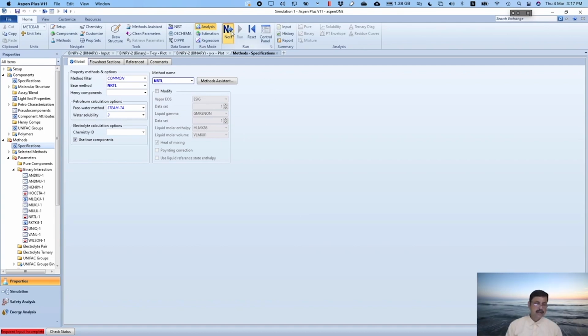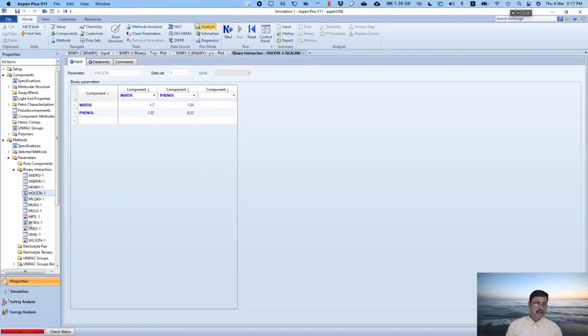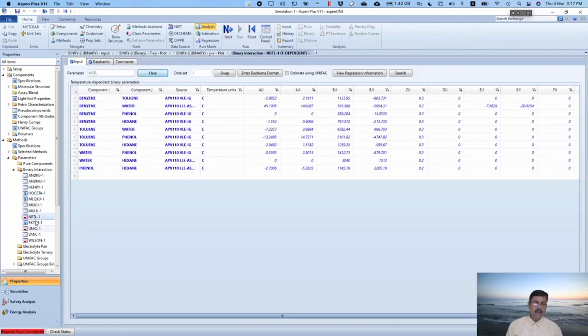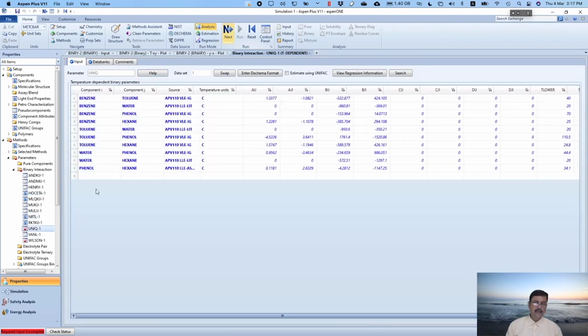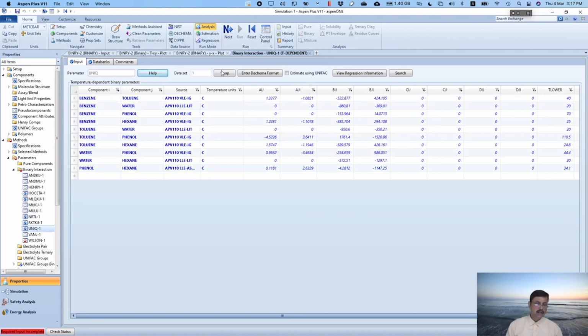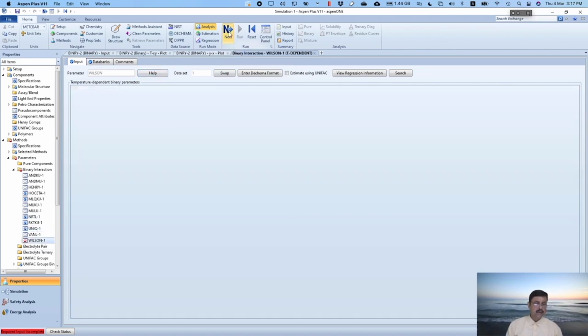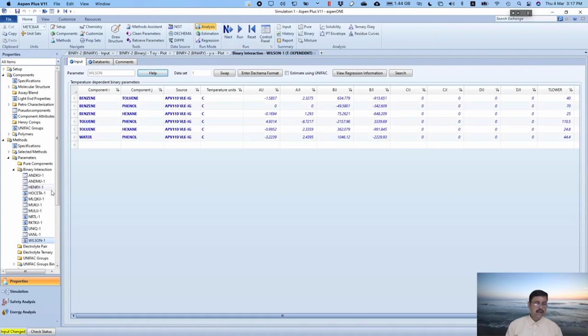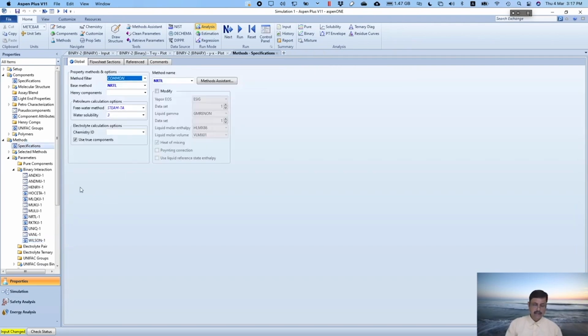So this is done. Next is inertial. This is also done. Then Uniquark. This is done, and finally Wilson. Yes. Now for the time being, let us use ideal method.